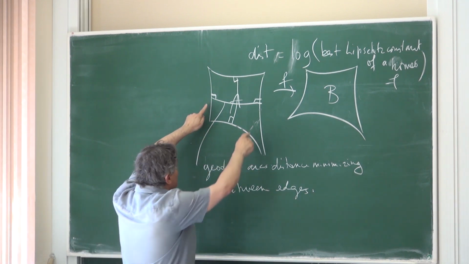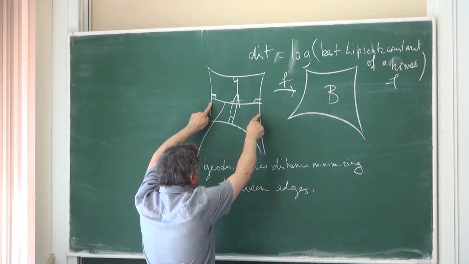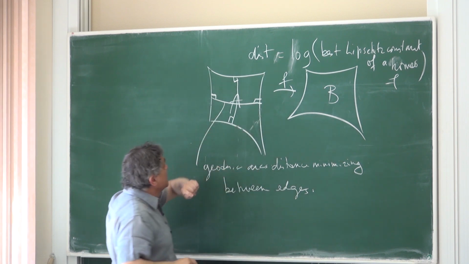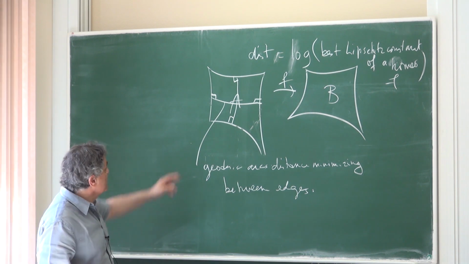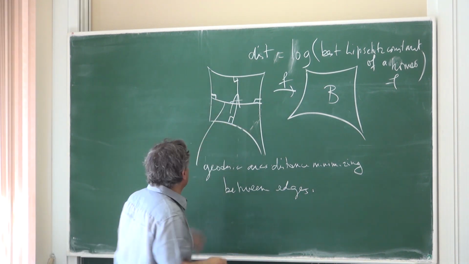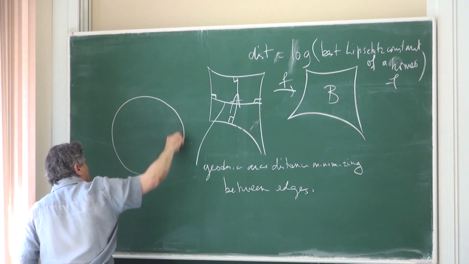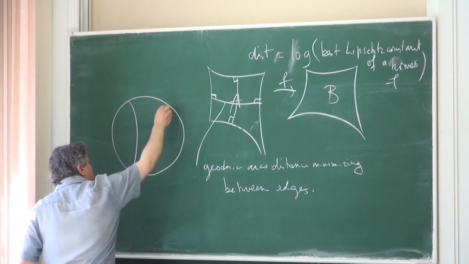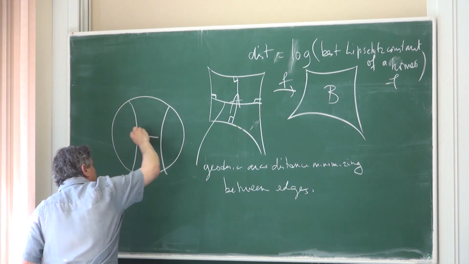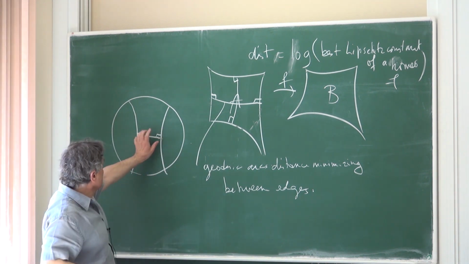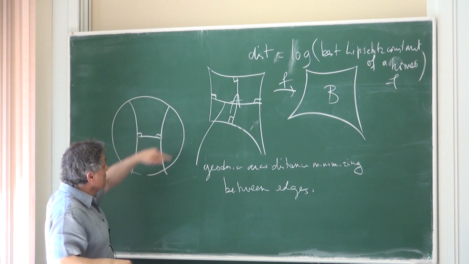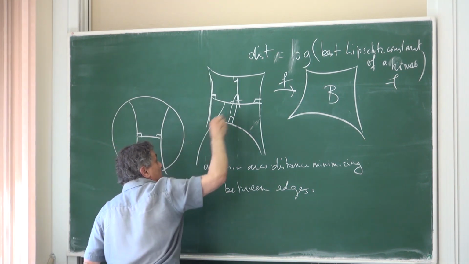But for these two opposite edges, I have a well-defined geodesic arc, which is distance minimizing. In the hyperbolic plane, this is just the length of the perpendicular, the unique perpendicular between these two geodesics.